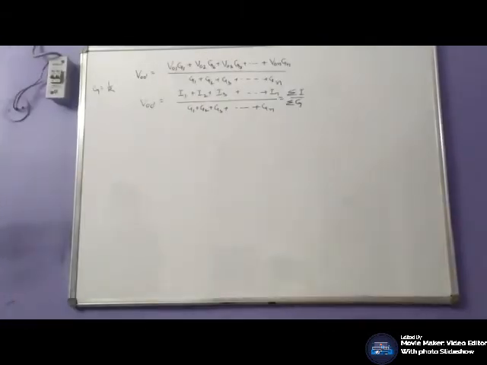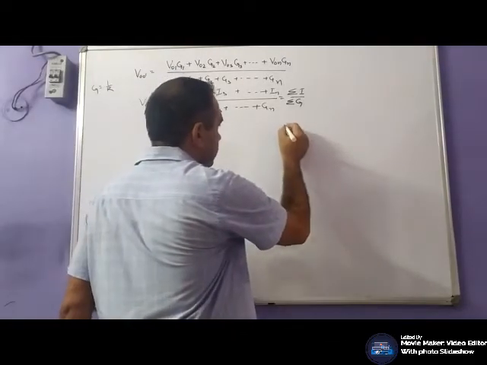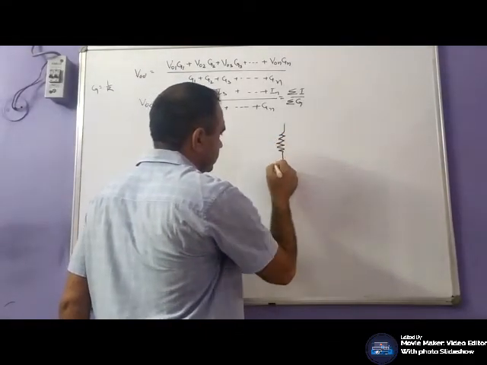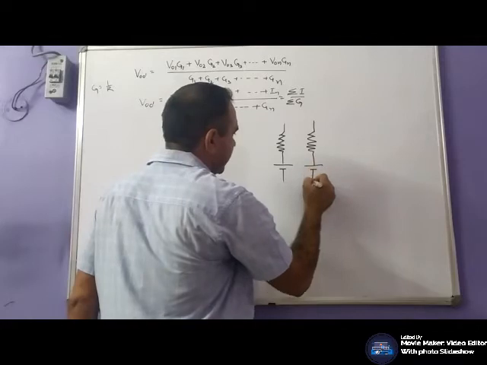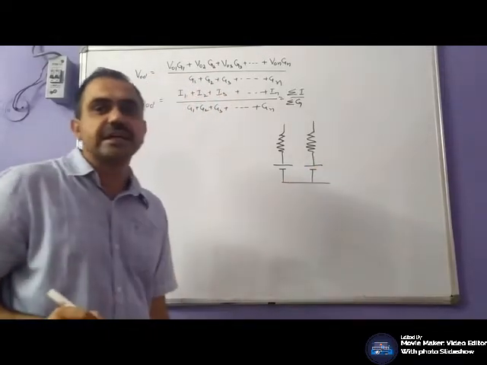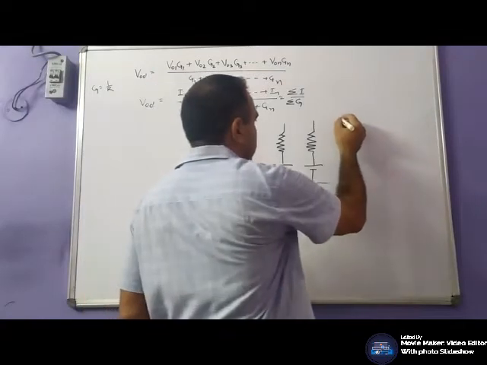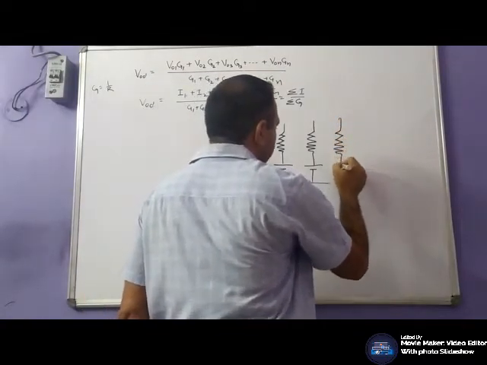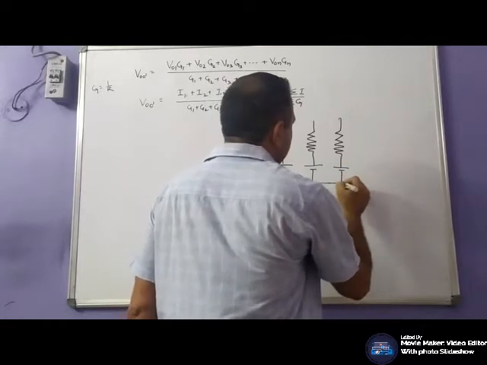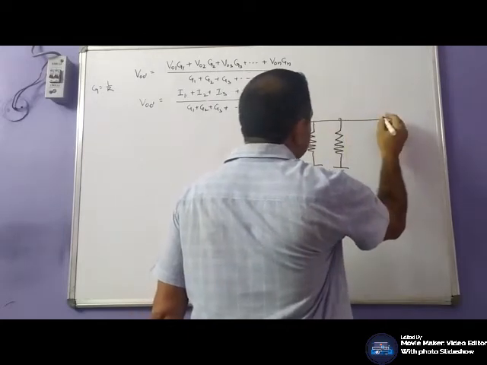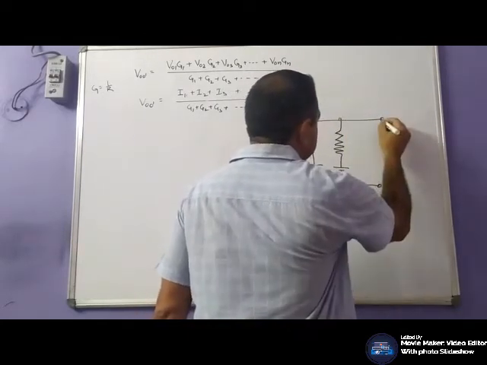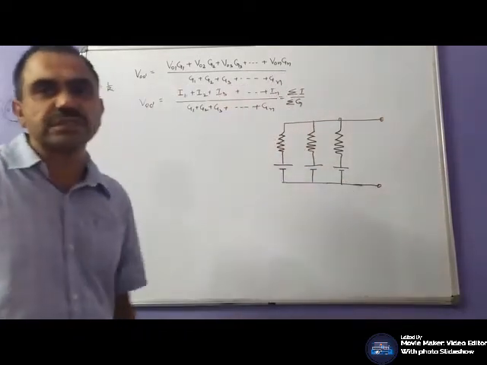Let us consider this theorem, which is applicable when a number of sources are connected in parallel, or we can say a number of voltage sources are connected in parallel. So this theorem can be used as Thevenin's theorem when only voltage sources are available.